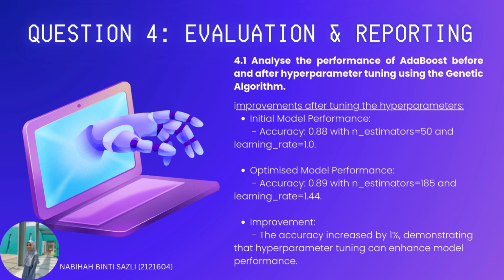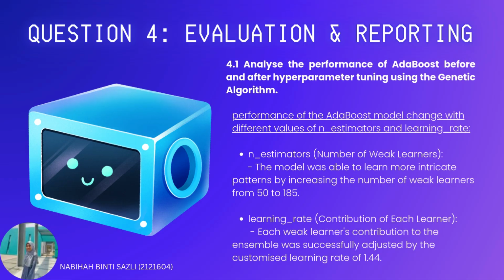So the improvement that we can clearly see here is the accuracy increased from 0.88 to 0.89. It increased by 1%. So it demonstrates that hyperparameter tuning can enhance the model performance in general.